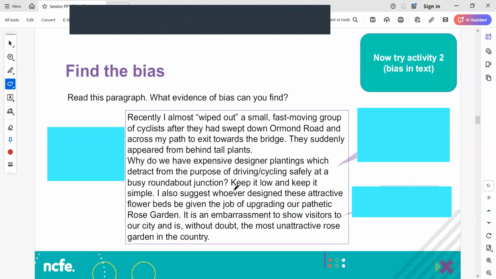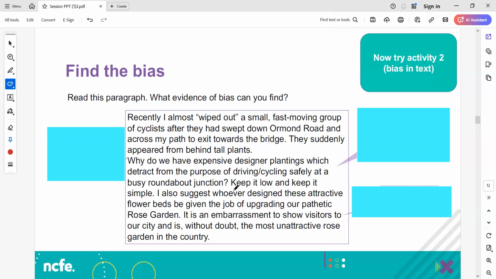Recently, I almost wiped out a small, fast-moving group of cyclists after they had swept down Ormond Road and across my path to exit towards the bridge. They suddenly appeared from behind tall plants. Why do we have expensive designer plantings which detract from the purpose of driving and cycling safely at a busy roundabout junction?